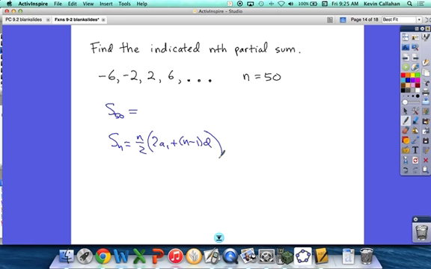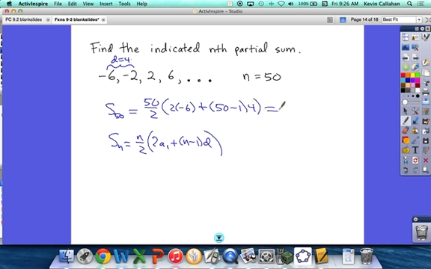So using that formula, the n is 50, the a1 is -6, the n is 50 again, and the d is, what does it look like d is? Looks like it's a 4, right? D equals 4.